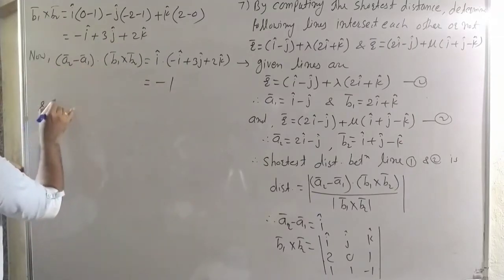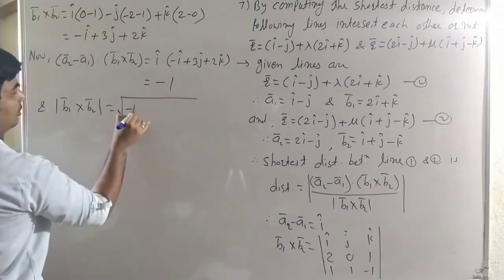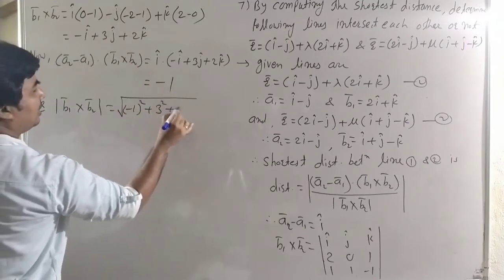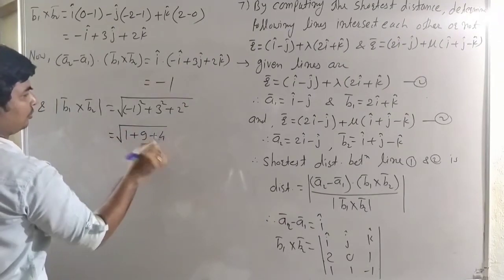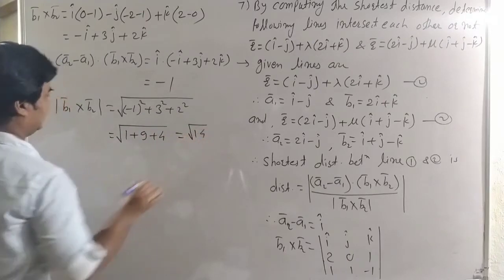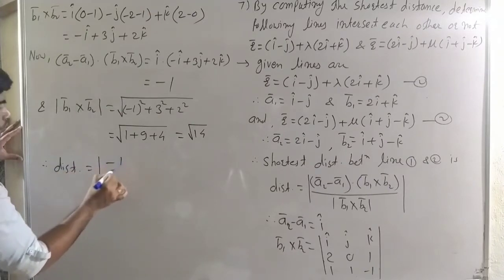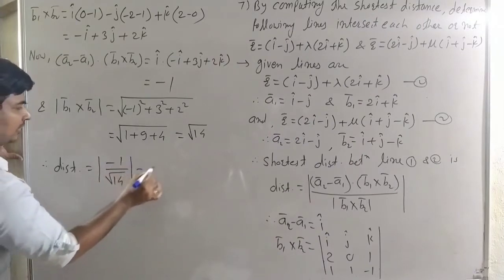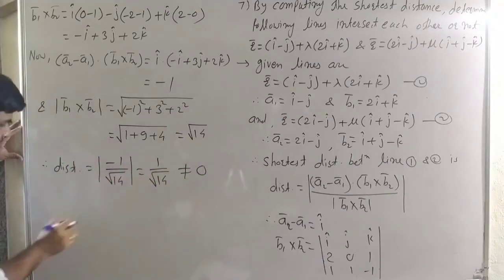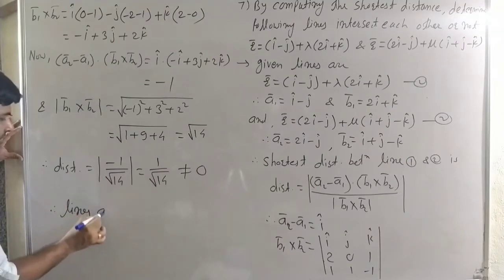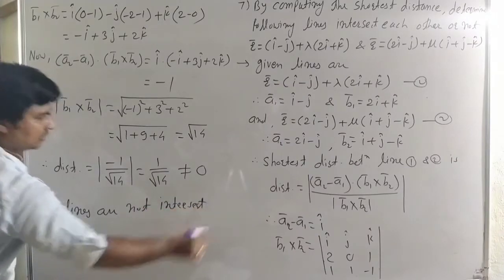The magnitude of b1 bar cross b2 bar is the square root of minus 1 squared plus 3 squared plus 2 squared, which is the square root of 1 plus 9 plus 4, that is root 14. Therefore the shortest distance is minus 1 upon root 14, that is 1 upon root 14, which is not equal to 0. Therefore the lines do not intersect.